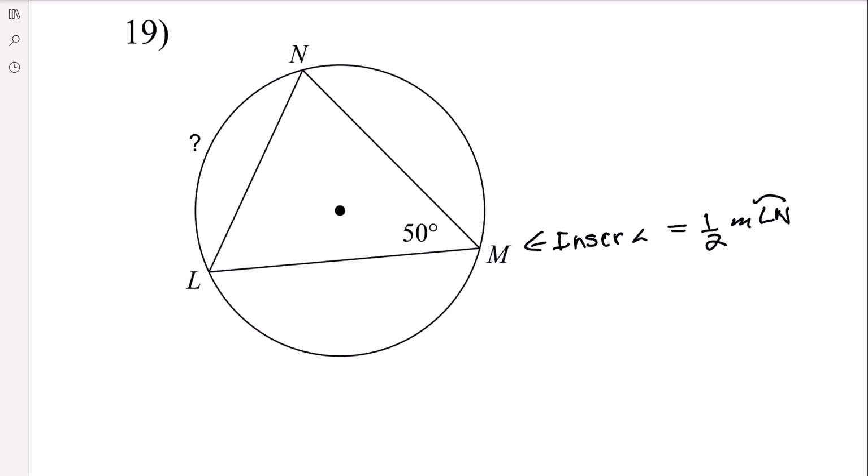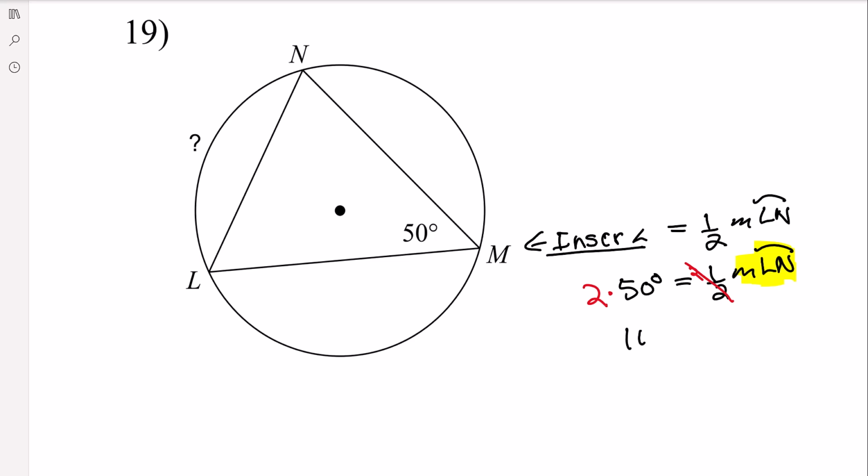So I can say this angle, 50 degrees, equals 1/2 of the measure of arc LN. Well, if I want to get this by itself, to cancel this multiplying fraction, I could multiply by the reciprocal.